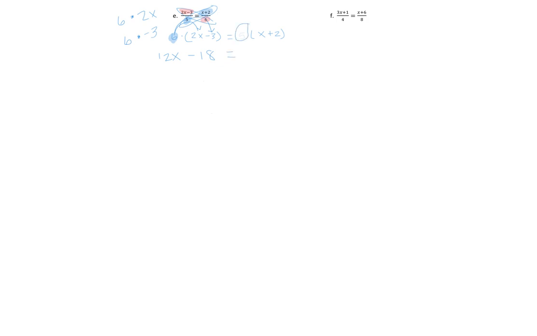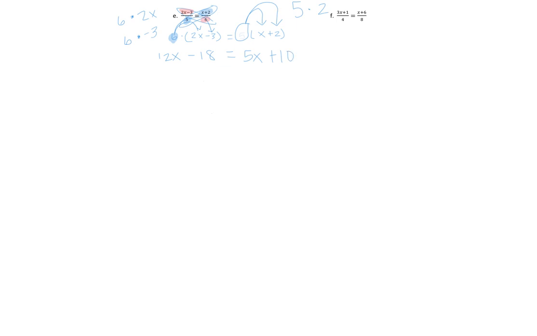I'm going to take 5, what's in front of the parentheses, and multiply it by x and by 2. So 5 multiplied by x gives me 5x. And then 5 multiplied by 2 gives me 10. It's a positive 10, so I put plus 10.